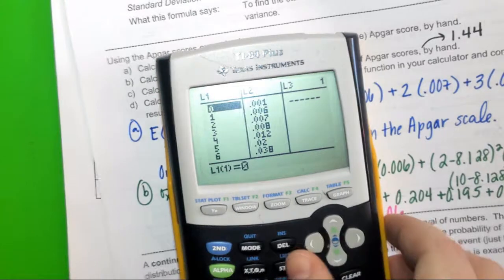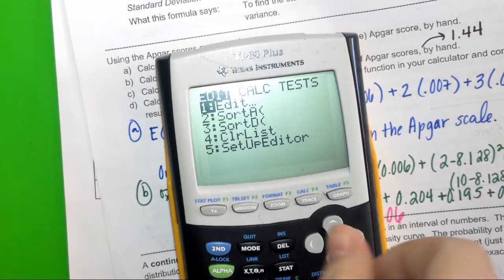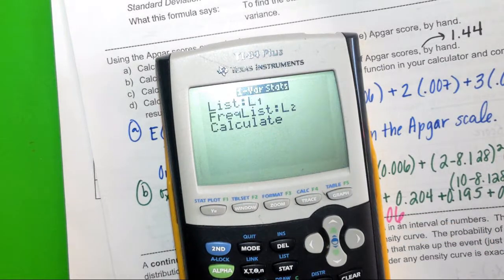We assumed you were supposed to press stats, calculate one variable stats, and that is completely correct. However, what we didn't think to do is that we're wanting to use both our lists at once. So list needs to say L1, frequency list, put L2. That kind of makes sense. The probabilities were in L2, so it would make sense for frequency list to be L2. Why did that not dawn on us yesterday? I don't know. It's okay.